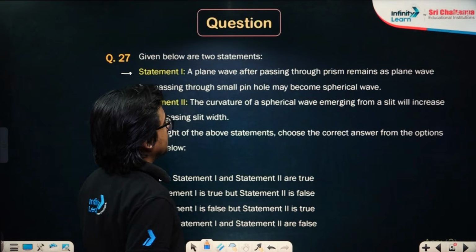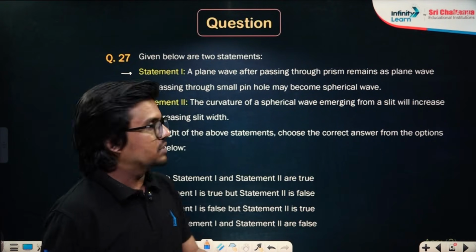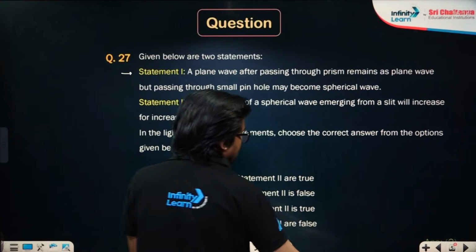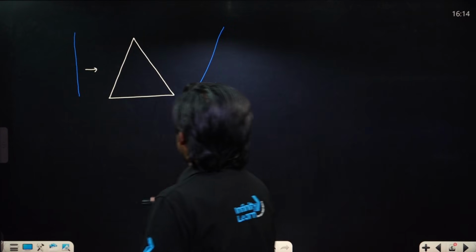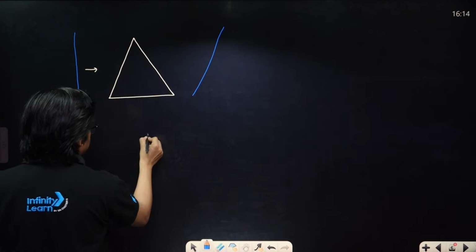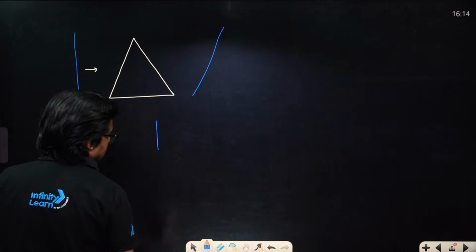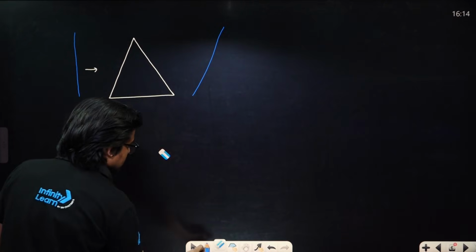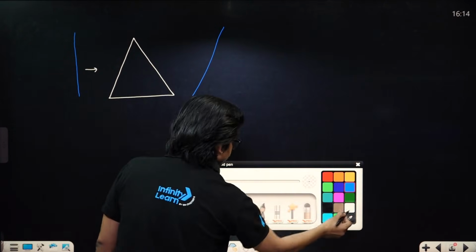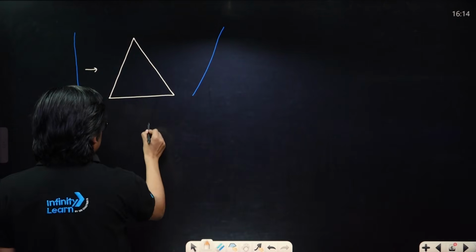But passing through a small pinhole may become a spherical wave. This is also true. Suppose there is a plane wavefront and it is falling on a slit. Suppose this is a slit here.